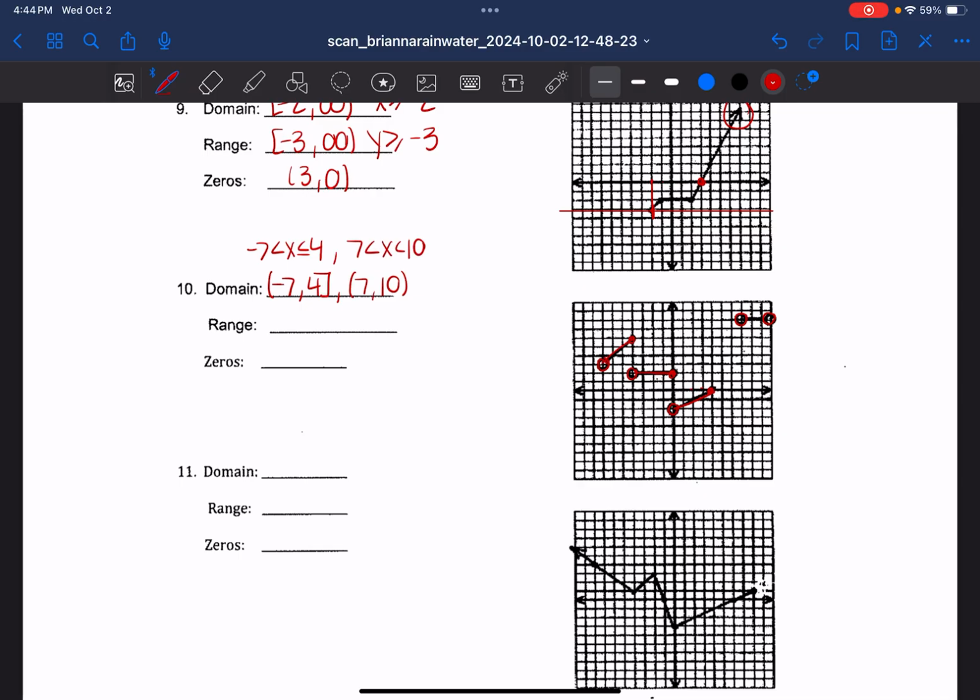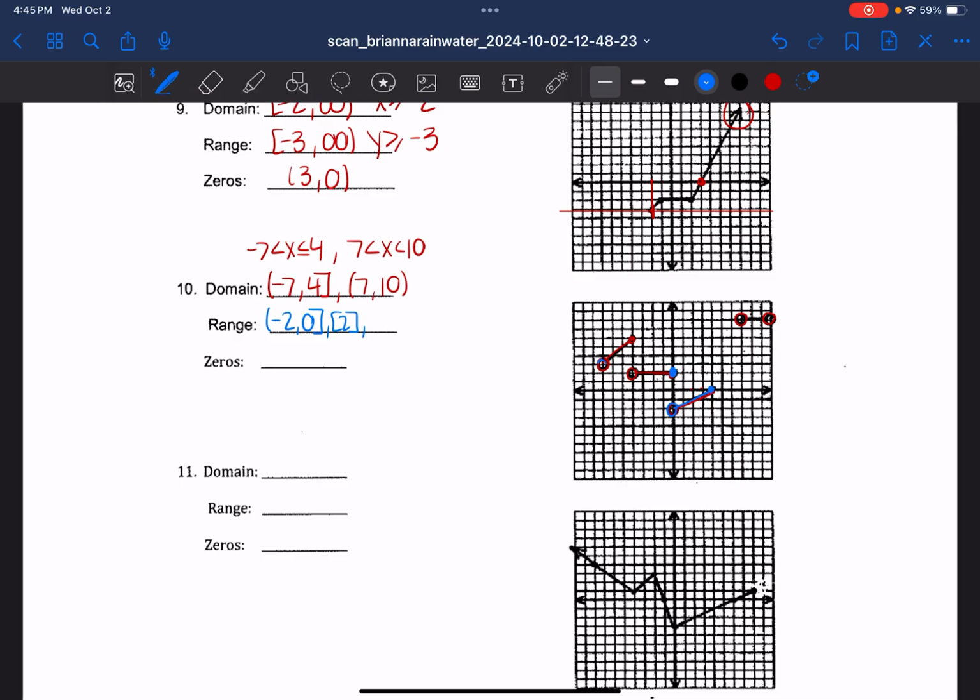For my range, my lowest value is here, which is at -2. And it comes all the way up to this point, which is at 0. Negative 2 is open, but 0 is closed. And then it has a jump. It comes up here to 2 and stops.